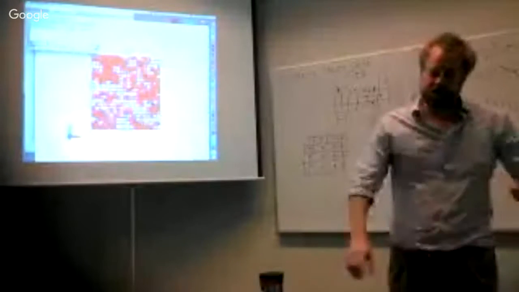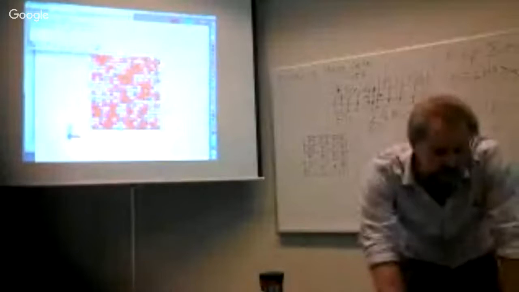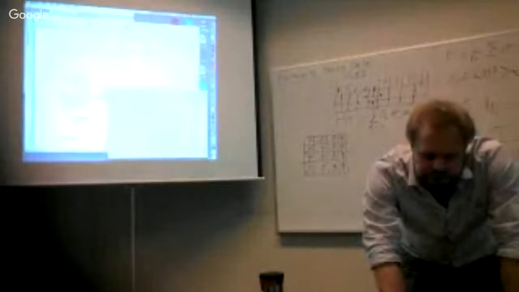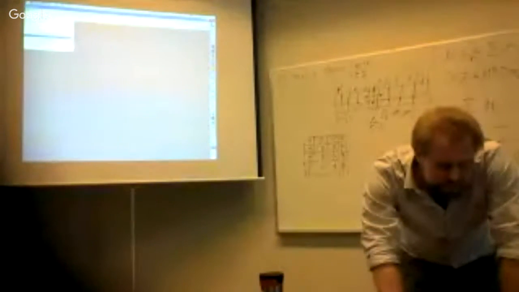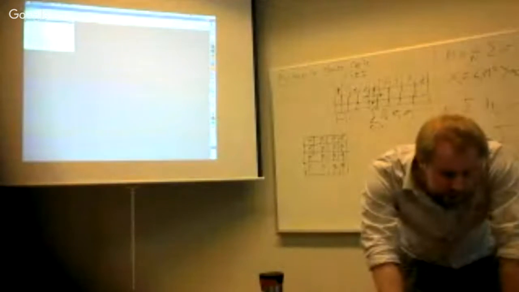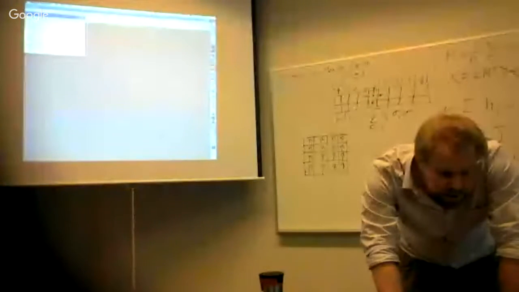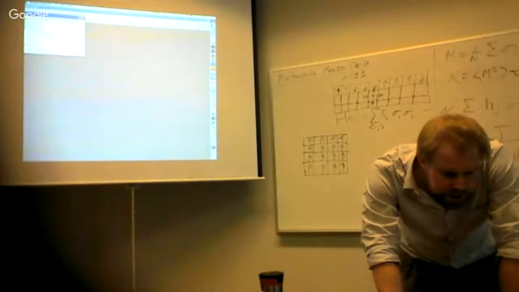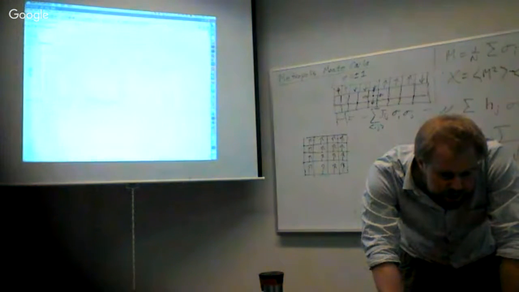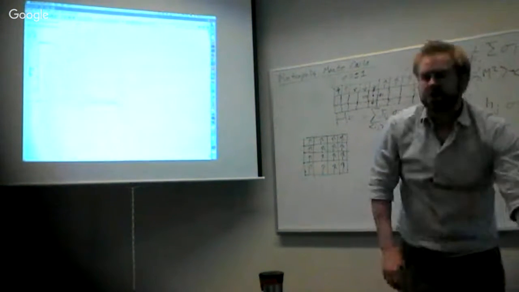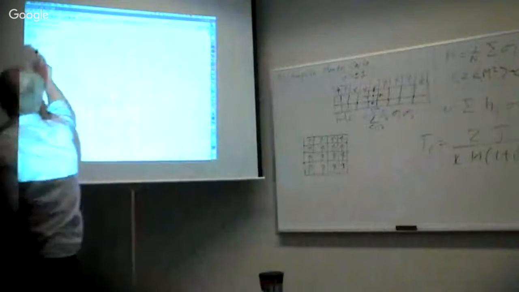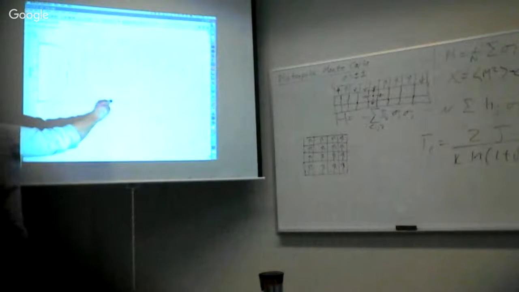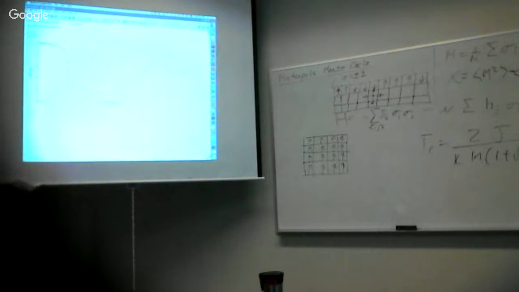I don't know. So let's look at some of the results for a second, okay? So if everybody's cool with this picture, then these are the results I have for the magnetization and for the susceptibility.